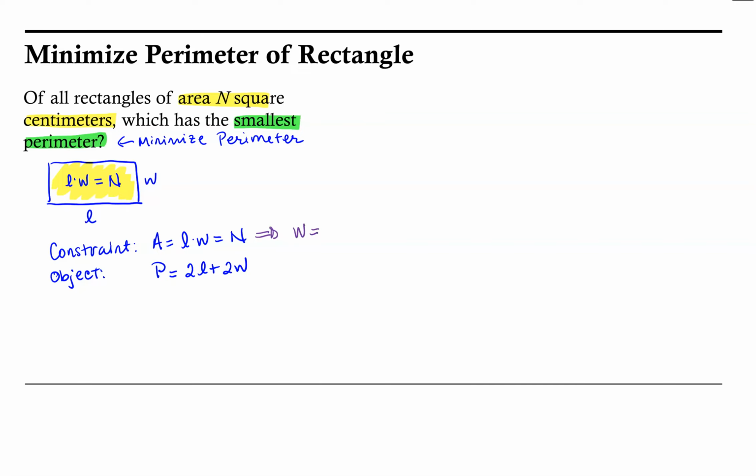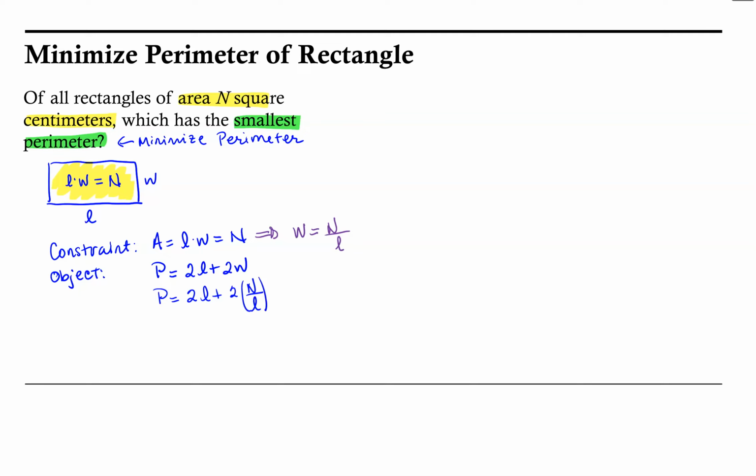Solving for W, I will have n over L, and using that to rewrite the perimeter function, we'll have 2L plus 2 times n over L.